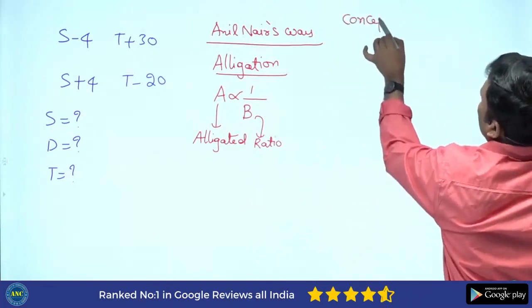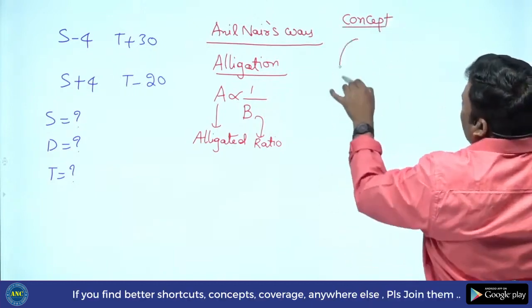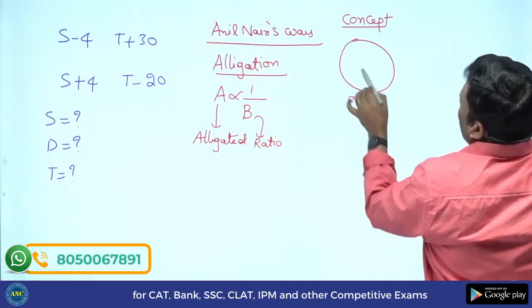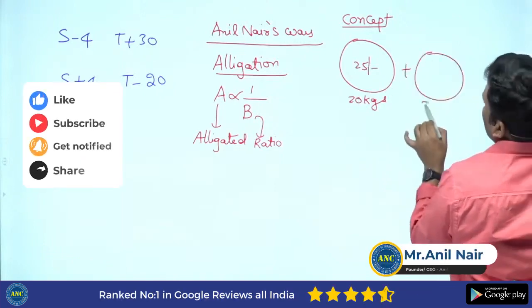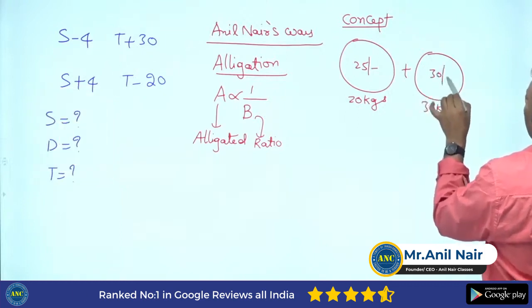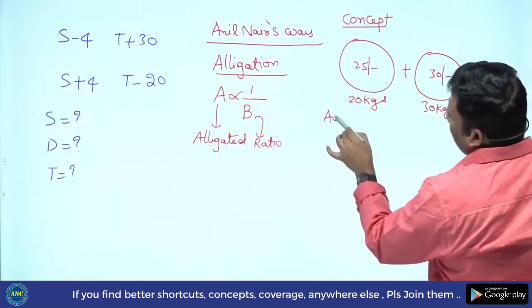The first problem I will discuss in detail; from the second onwards you can do it yourself. I bought 20 kgs of rice costing 25 rupees per kg, mixed with 30 kgs of rice costing 30 rupees per kg.